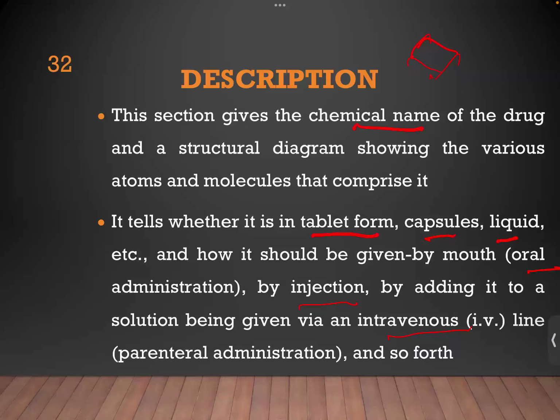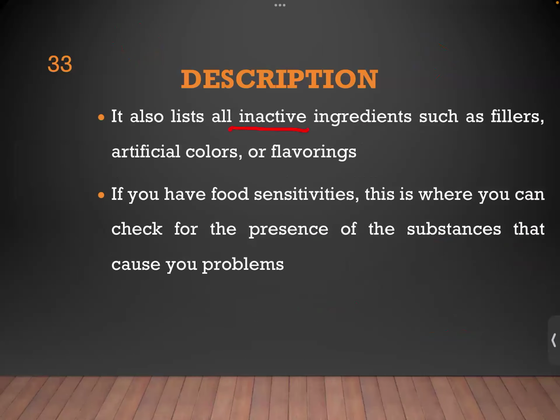They read it carefully. Even if they know this, I have seen good doctors read it carefully. It also gives a list of all inactive ingredients, fillers, artificial colors, flavors, sensitivity to food. Sometimes you take some drug, and doctors tell you to avoid this type of food for some time.